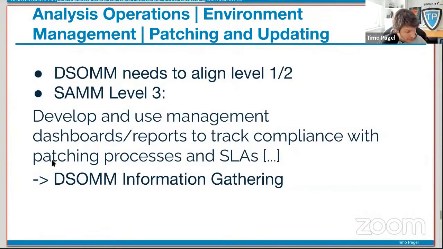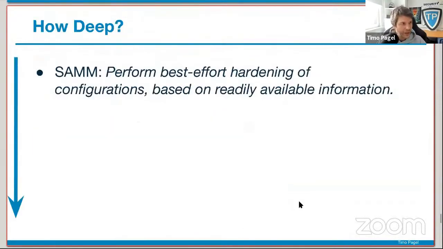Here's an example from SAMM level 3, where we have developed and use management dashboards and reports to track compliance with patching, processes and SLAs. That's hard to define in one activity. That's why there is so little on level 3. Maybe that is something we can catch with DSOMM information gathering, but there's definitely more analysis needed.